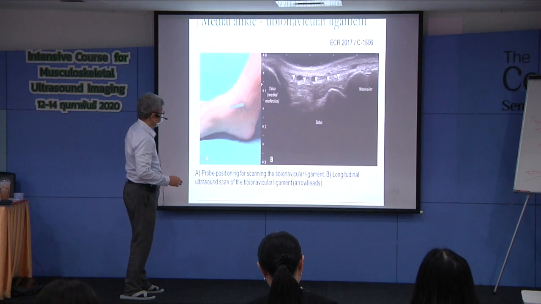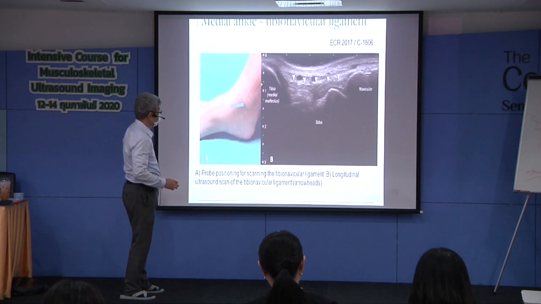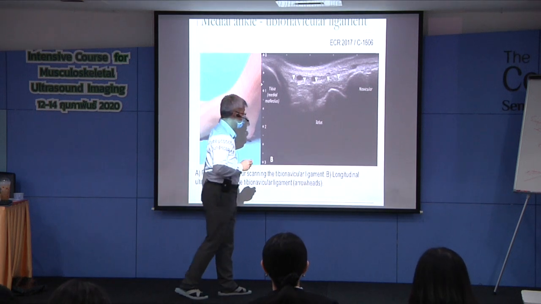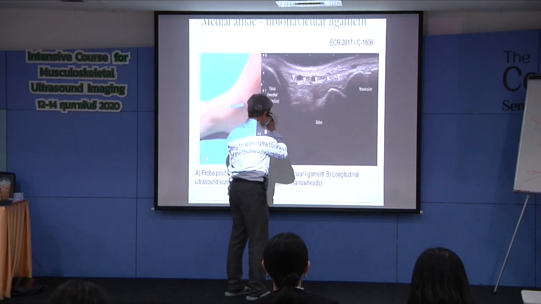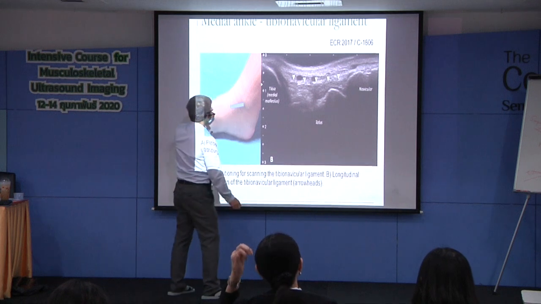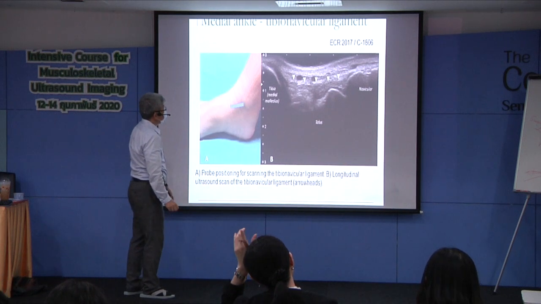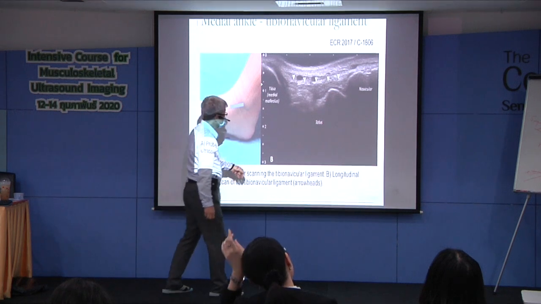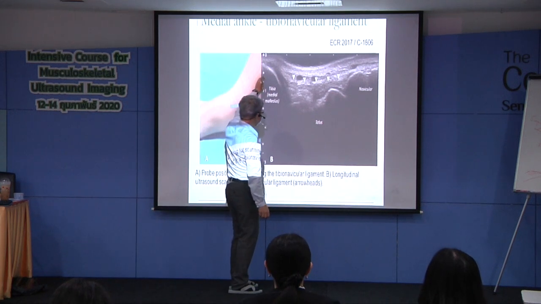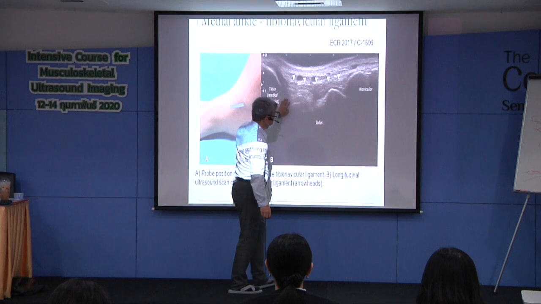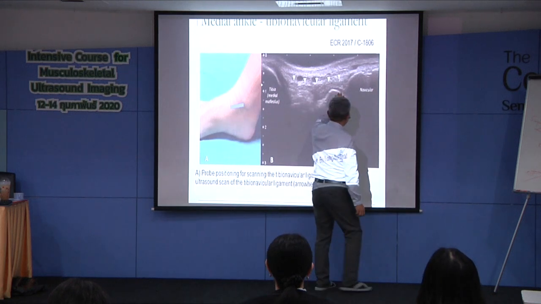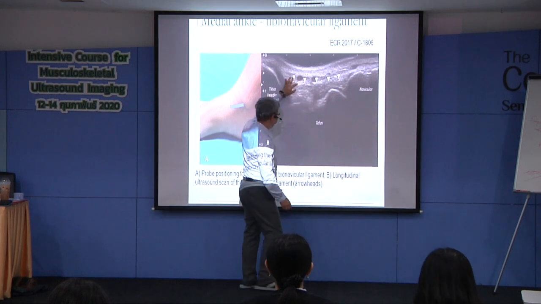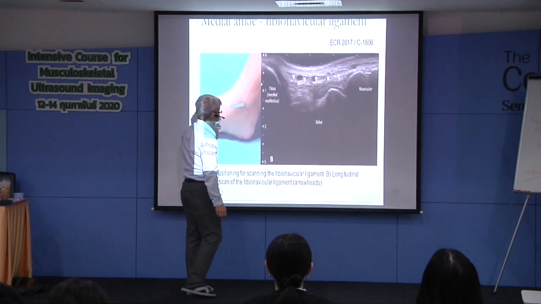Okay, if you suspect your patient has a tibial navicular ligament injury, you need to find the tibia, talus, navicular bone. This is the tibial navicular ligament.